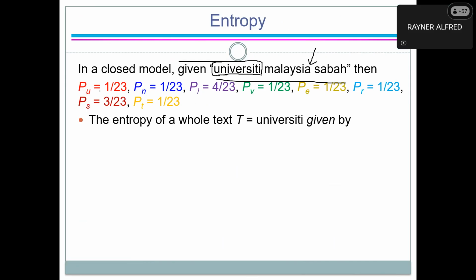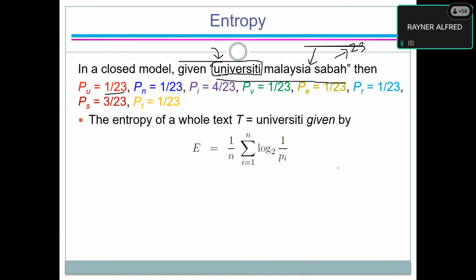So the probability of U is 1/23, because the length of this is 23 characters. Okay, so 1/23. The entropy can be computed here by using this formula.